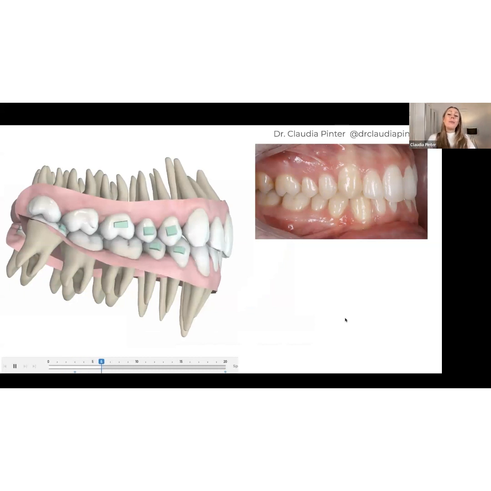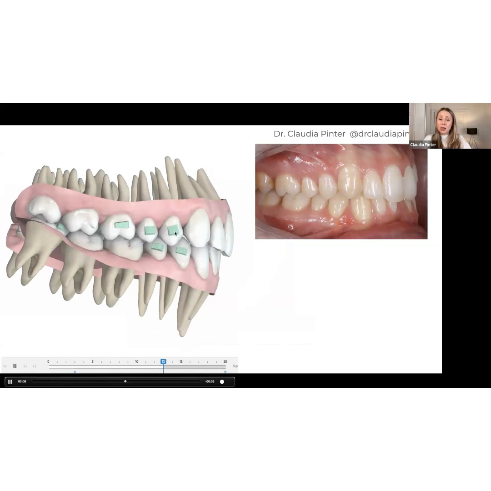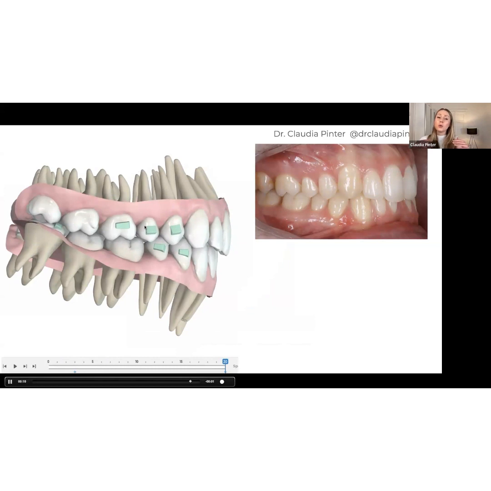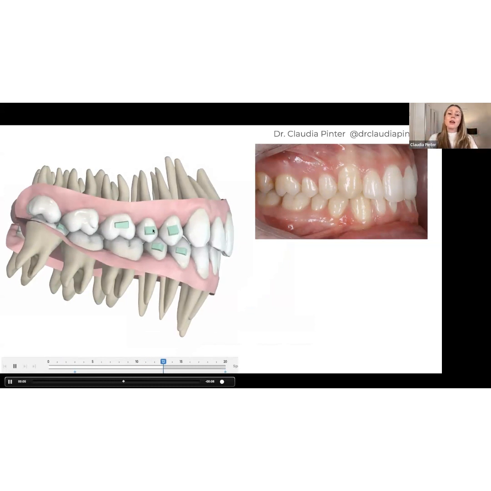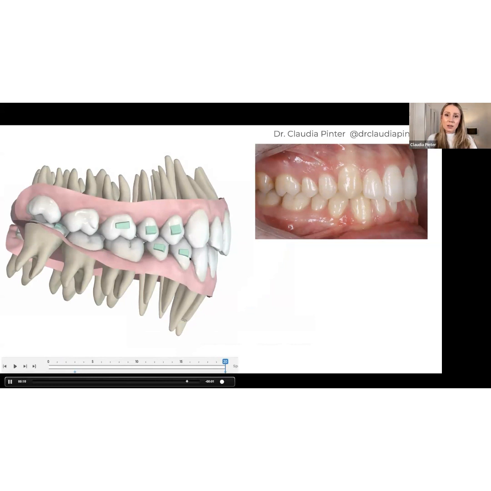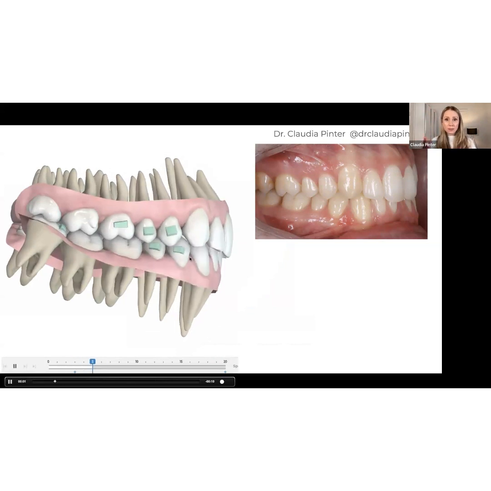So coming to the biomechanics, we already mentioned that we need horizontal attachments in the upper jaw to ensure the roots also expand, not just the crowns. In lower incisors, we need the attachments for the intrusion.